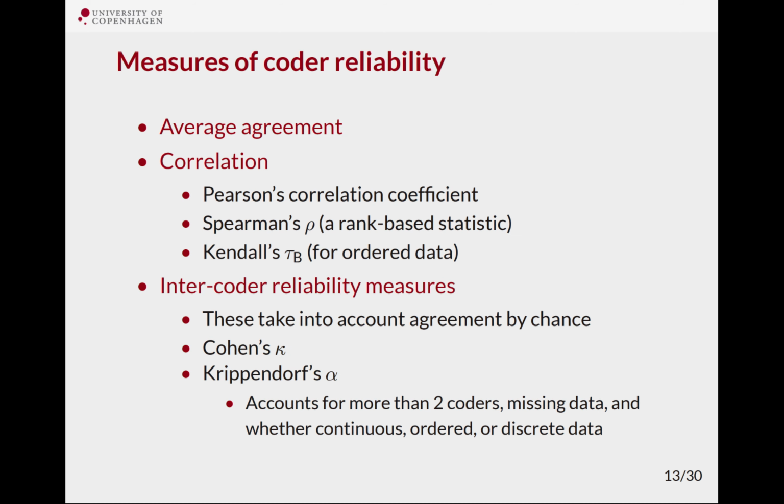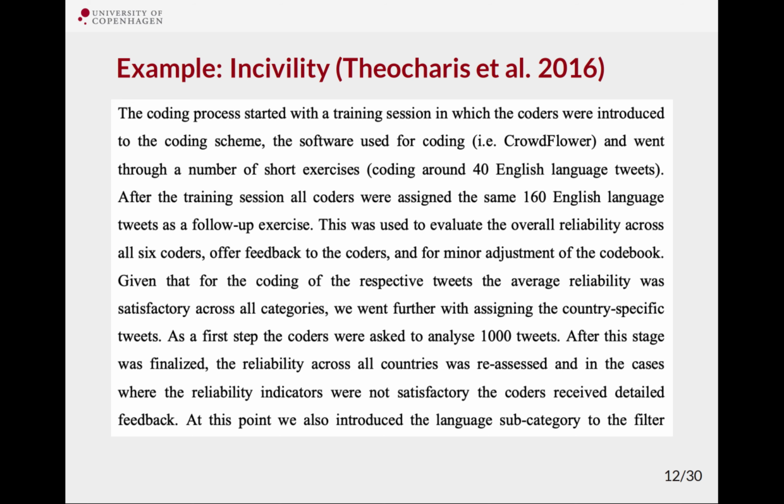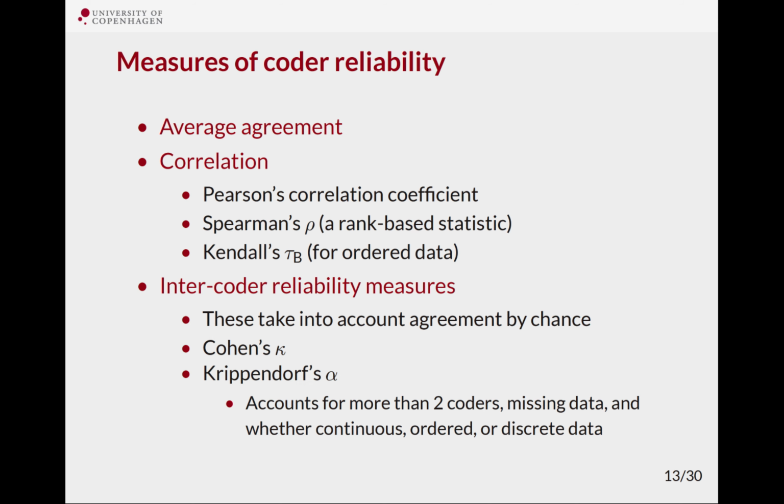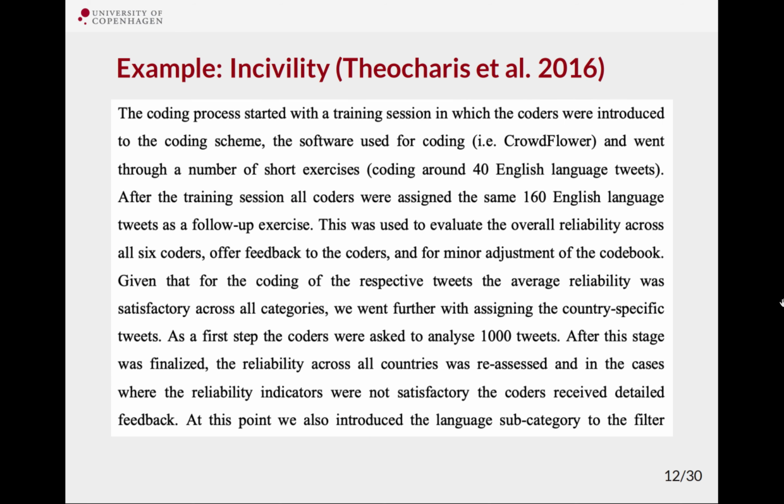So after the coding is done, as I mentioned, when you code social media posts or you code any document, you want to check whether the coding is good. And so what you will do is you'll ask multiple people, if you have multiple researchers or students whom you're working with for the coding, to code the exact same tweet.